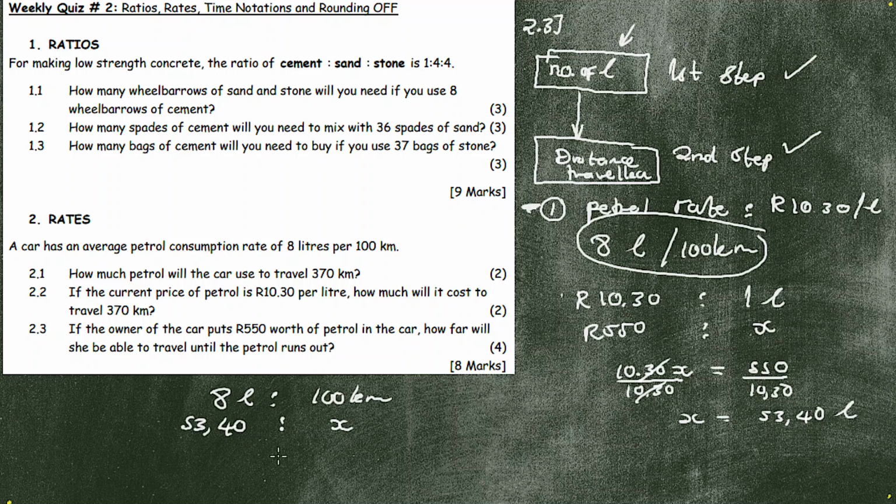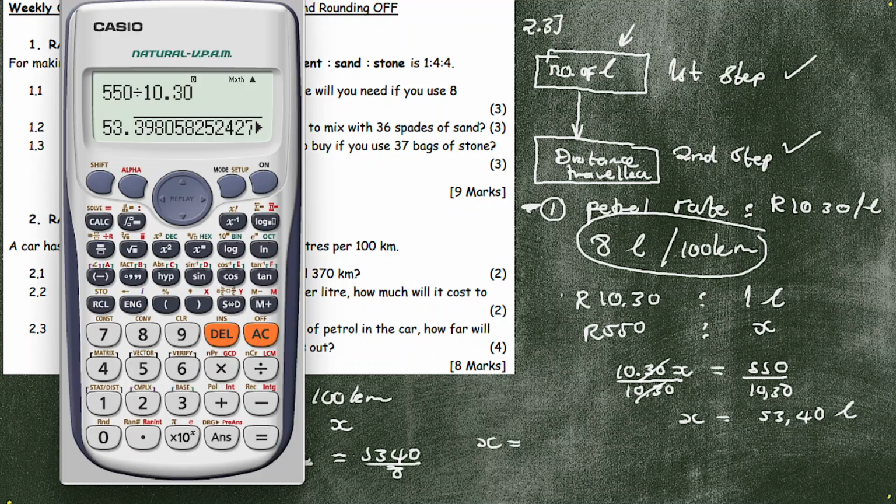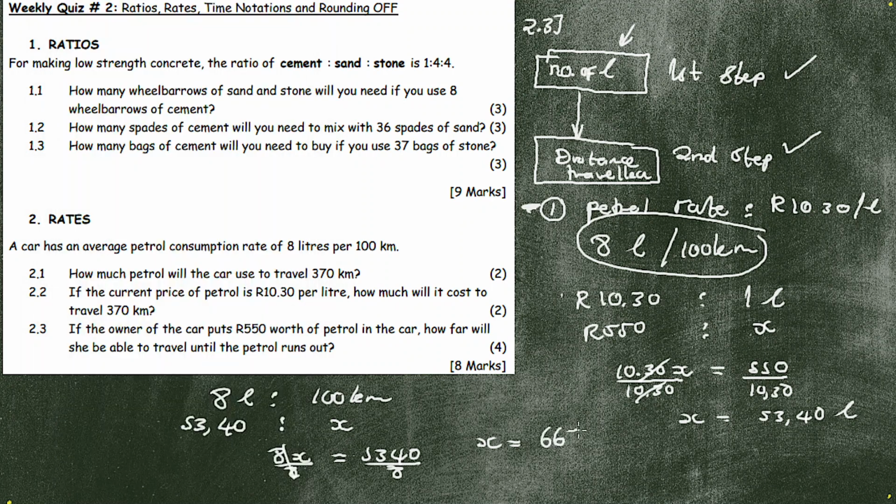Cross multiply, I'm getting 8 x equal to 1 times 53.4, that's 5340. Divide by 8, we get our x. 5340 divided by 8, I'm getting 667.5 kilometers. This is our solution for the last question on rates.